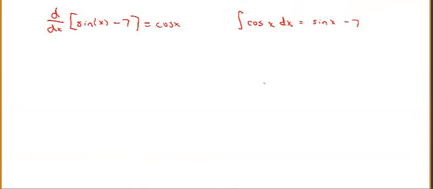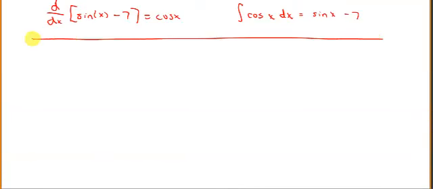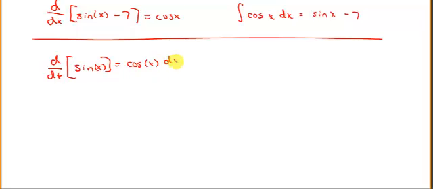Let me take a look at one more thing here before we go on. If I took the derivative with respect to t of sine of x, I would get cosine of x times dx dt. Again, we'd have to use the chain rule, thinking of x as a function of t.